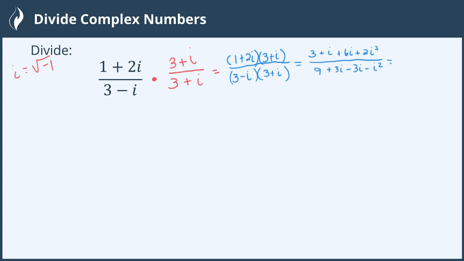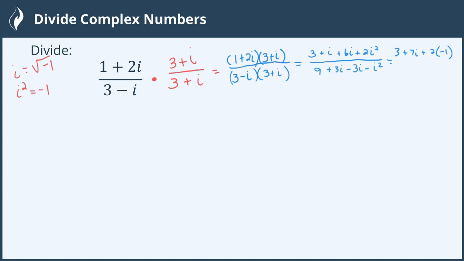Now we're going to start with like terms. The 3 is going to stay the same for the moment. Then i plus 6i becomes 7i. And 2i squared becomes 2 times -1, because remember, i squared equals -1.